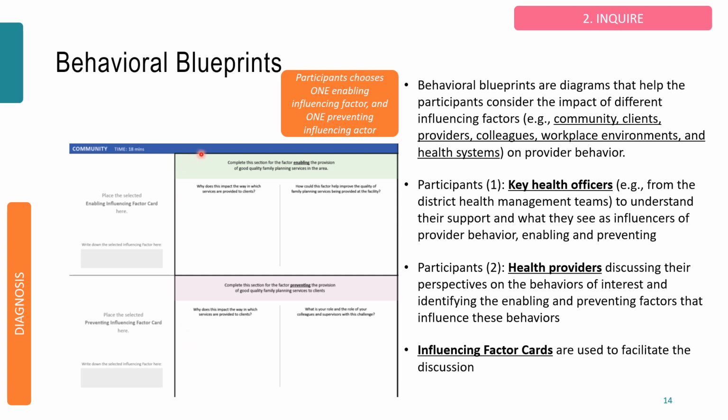You'll see here that there are questions that you will ask, and when you're talking about a behavior, you will put the influencing factor here, one that's influencing in a positive way, enabling, and one that's preventing in a negative way. These will help guide you through answering these questions with the health officers and the health providers.